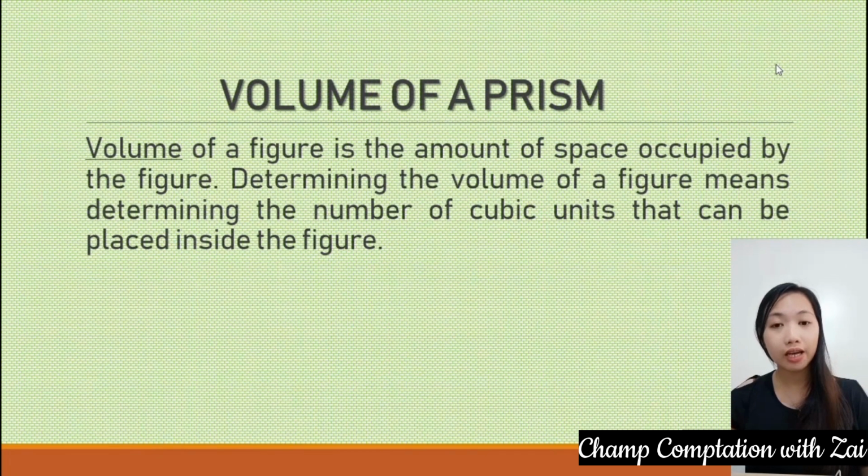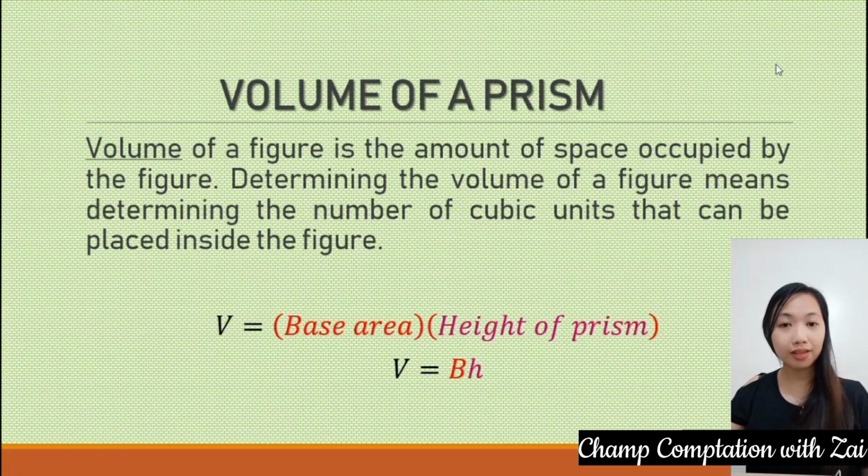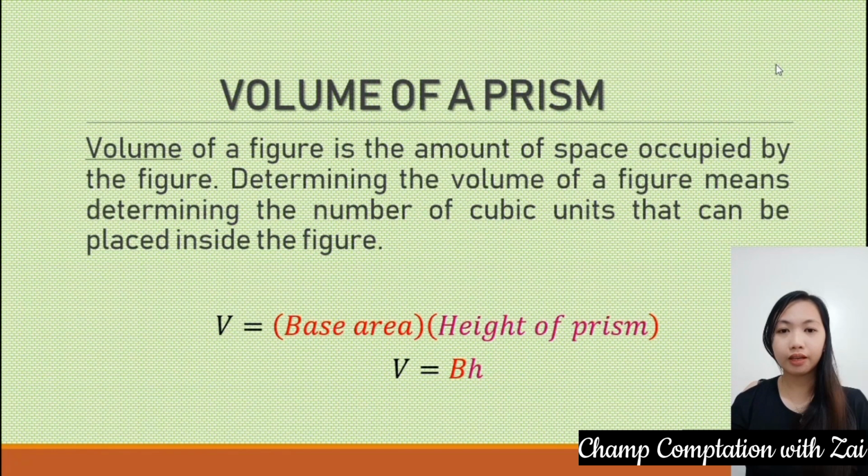So if in area we talk about square units, in volume we talk about cubic units. The volume is equal to the base area multiplied by the height of the prism, or the volume is equal to BH. So these are the simple formulas for the area and volume of a prism.